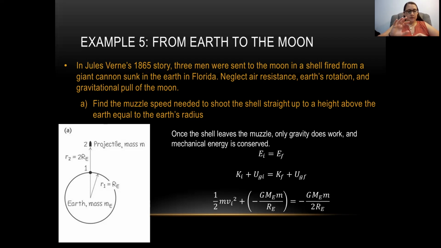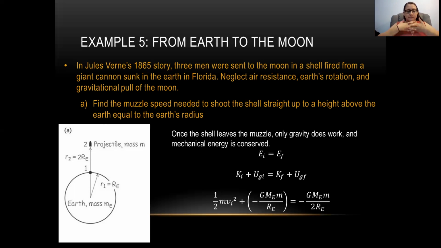Now, remember that the shell will be momentarily stopped at that final location, because we're trying to land it on the moon. So we're not going to deal with any final kinetic energy. We cannot assume that the initial gravitational potential energy is zero anymore, because we saw in that last example that even though the old way is a good approximation, it's off by 3% from the real way, this new method.